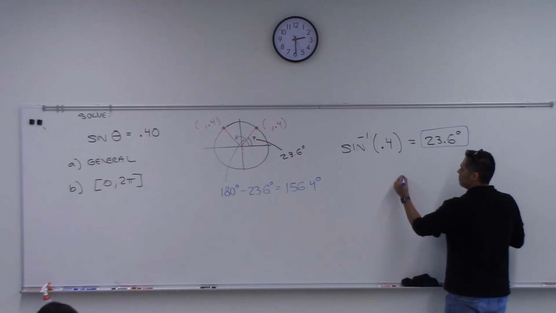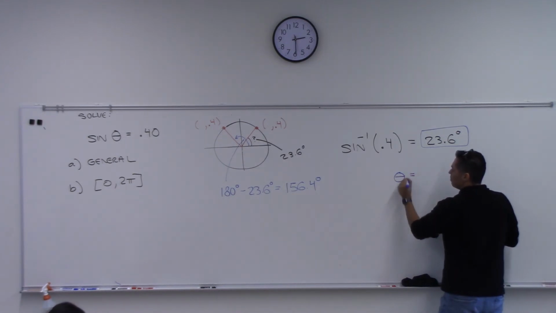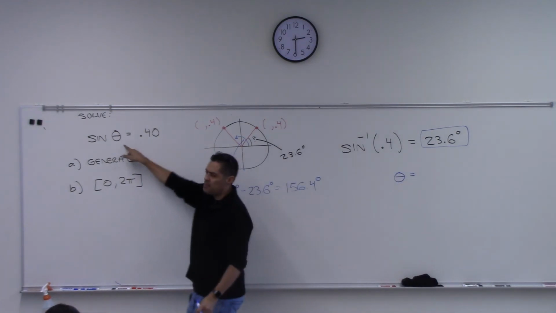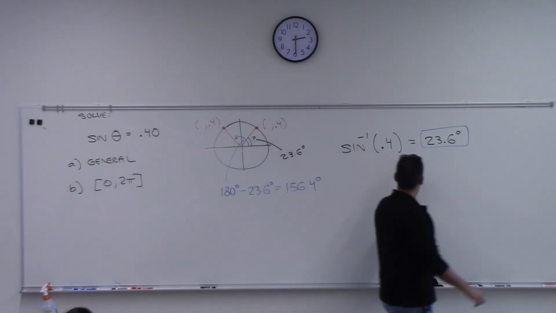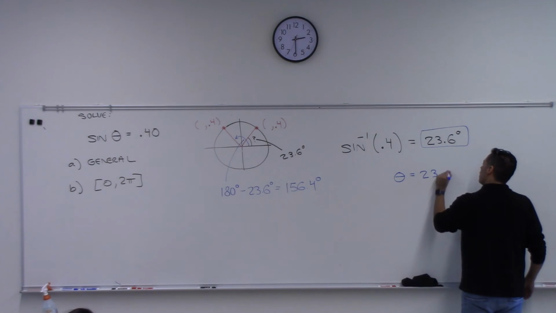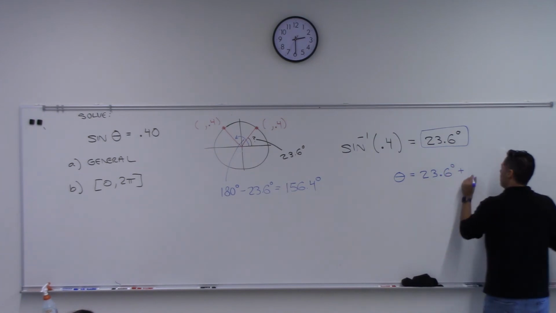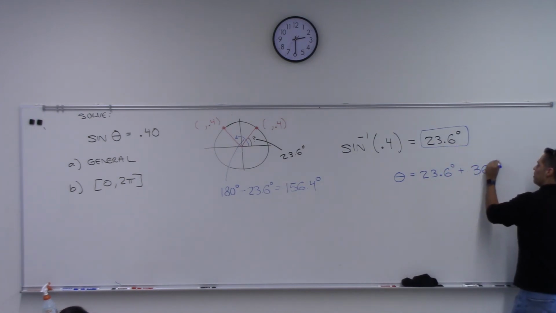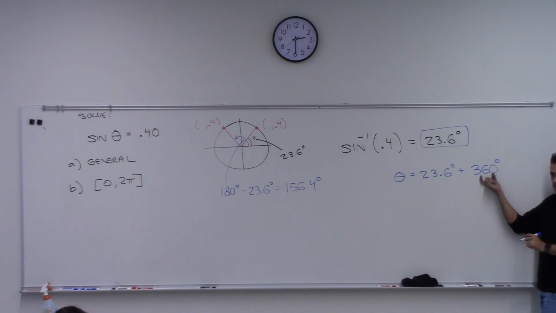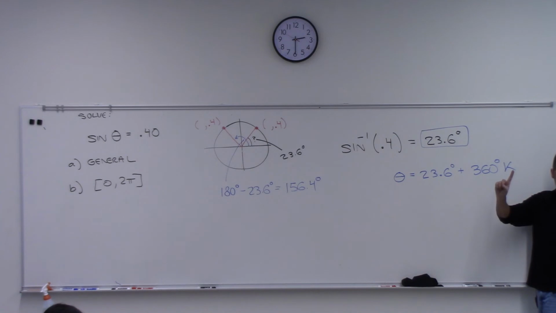So watch the way I write this. First time I think I've done this in here. I'm going to say theta equals, this angle needs to be equal to that angle, 23.6 degrees, plus full rotations. So instead of 2 pi, I'm putting 360. And then k, because I still need to do arbitrarily however many rotations that I want. That's one of the general solutions.